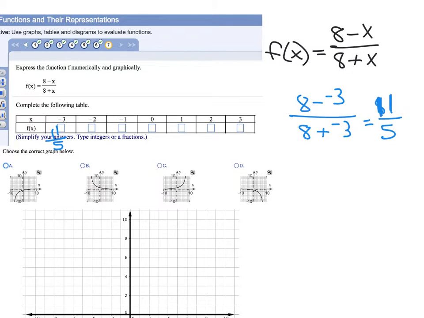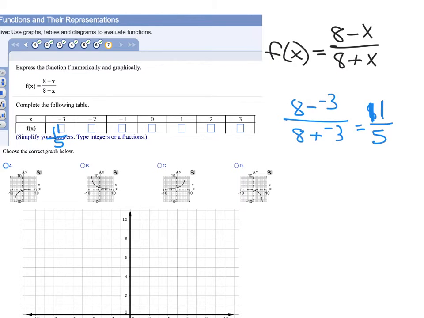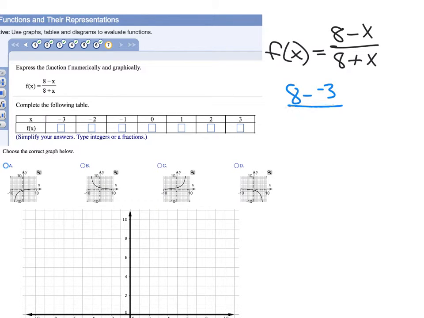All right. So now this, oops, I'm going to undo. Whoa! Shoot, what happened? So let's do it again. So we've got 8 minus negative 3 over 8 plus negative 3 equals 11 over 5. Okay, so that is our answer when x is negative 3.